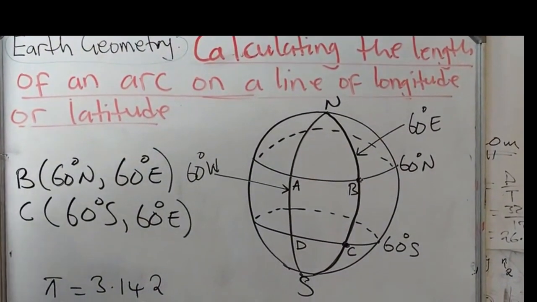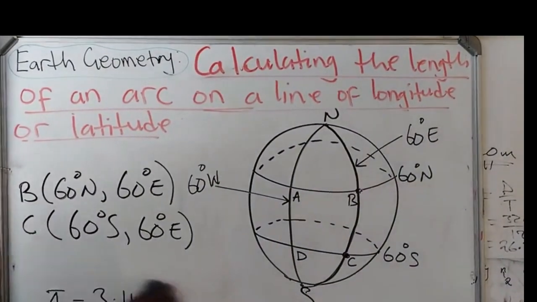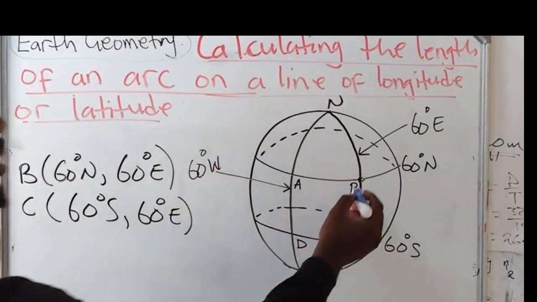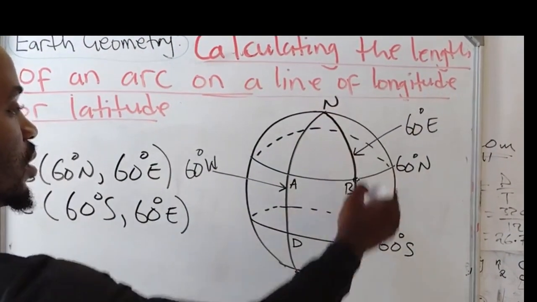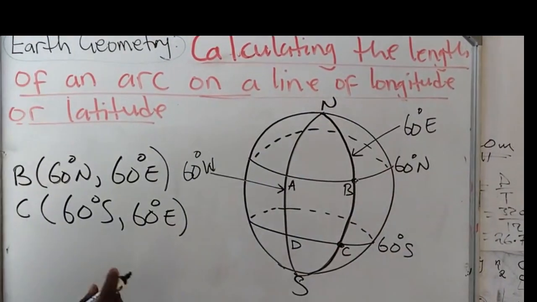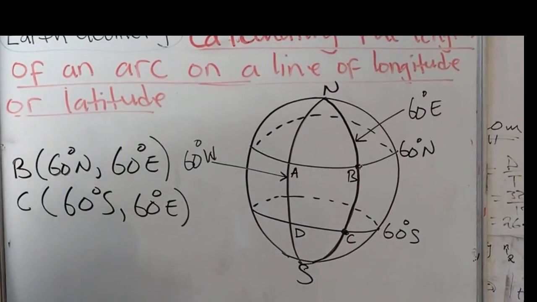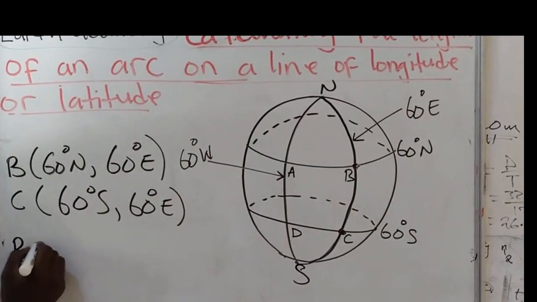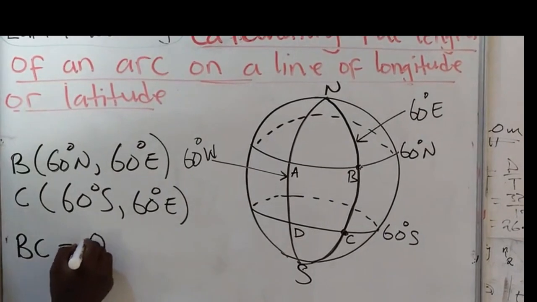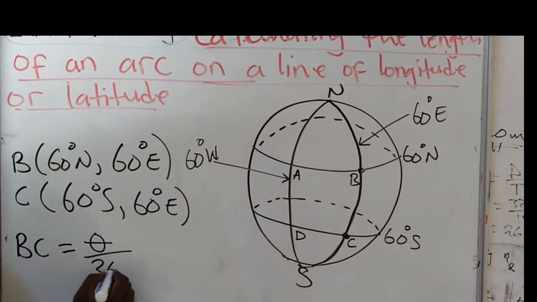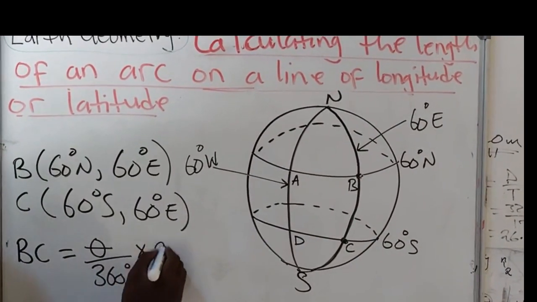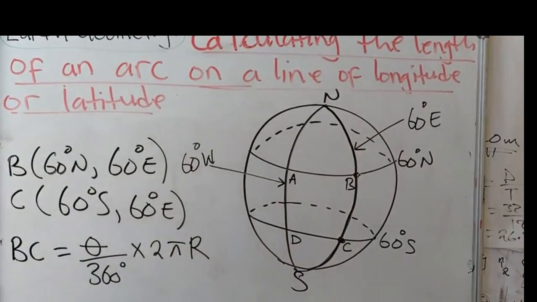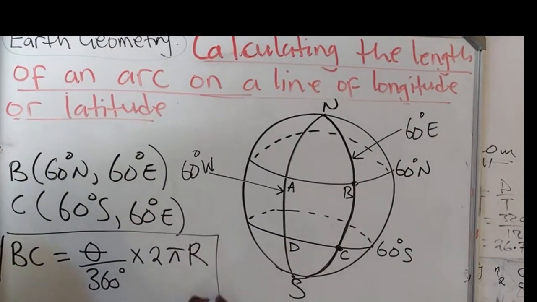Then you come up with the formula. Remember, points B and C are lying on the same longitude, so we are finding the distance along the line of longitude. The formula will be the distance BC is equal to theta over 360 degrees times 2 pi r. This is the formula we are going to apply.